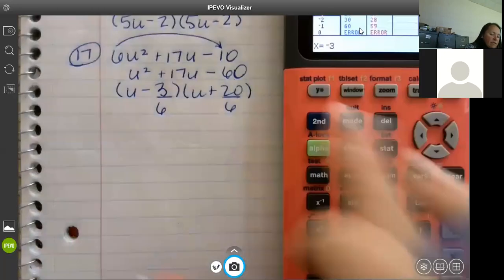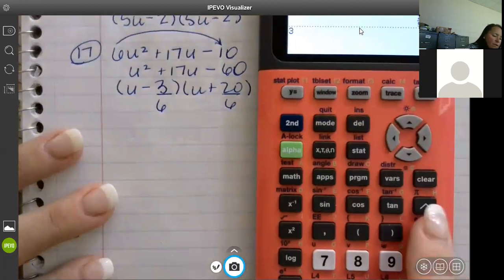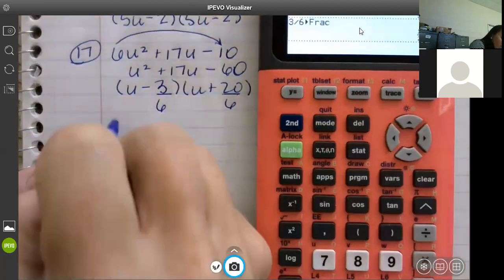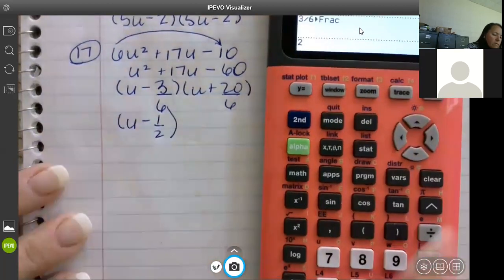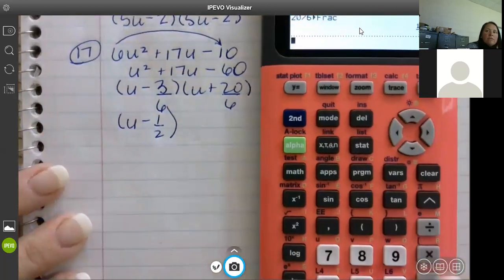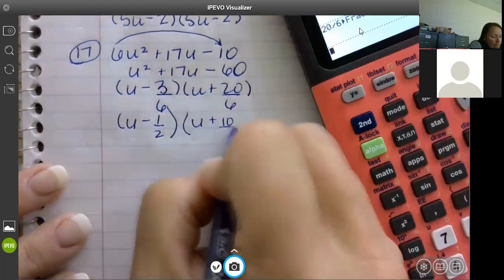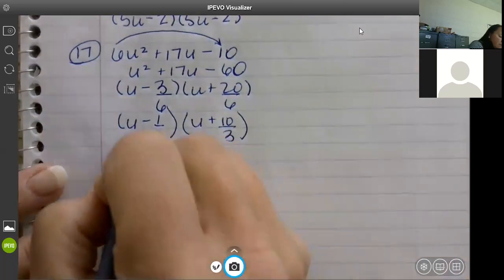You want to check to see if the fractions reduce. So I have it at the top of the screen up there. 3 divide 6, math, enter, reduces to 1/2. Okay. 20 divide 6, math, enter, reduces to 10/3. They are still fractions.